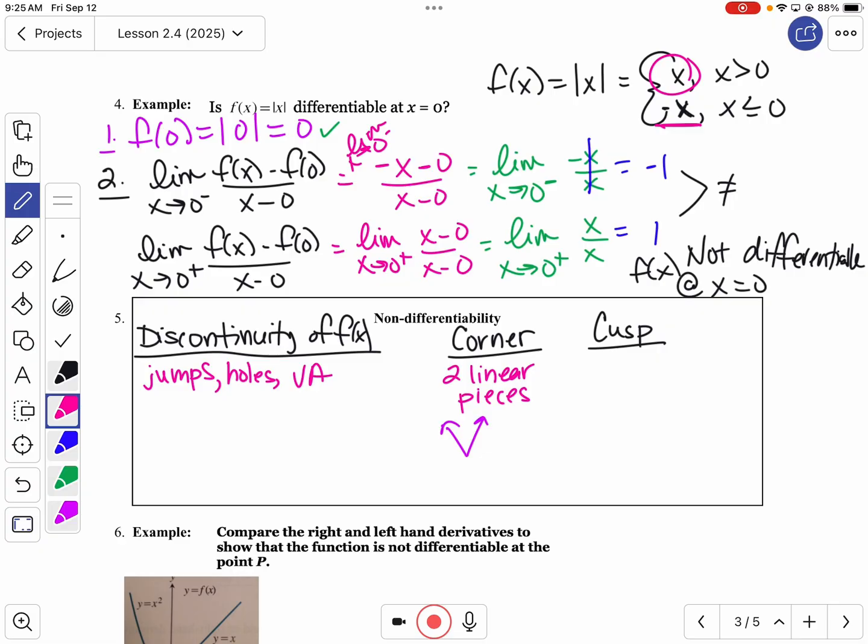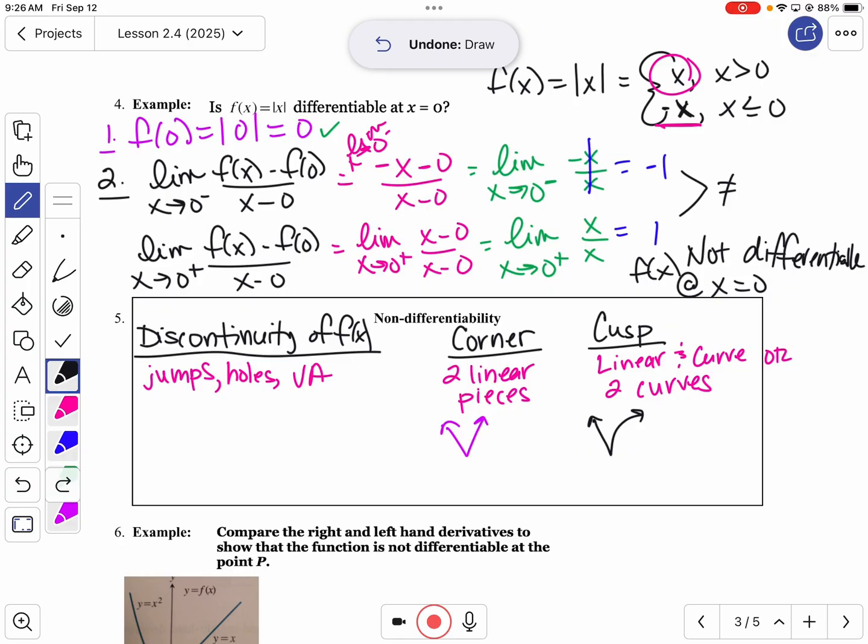It could be a linear and a curve, or two curves that come together. It might look something like that, or something like this, two curves that come together. So we would not be differentiable at those points.